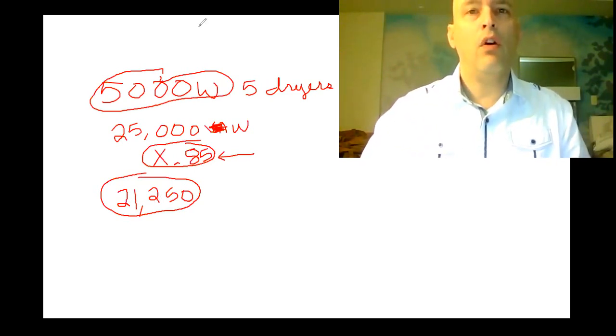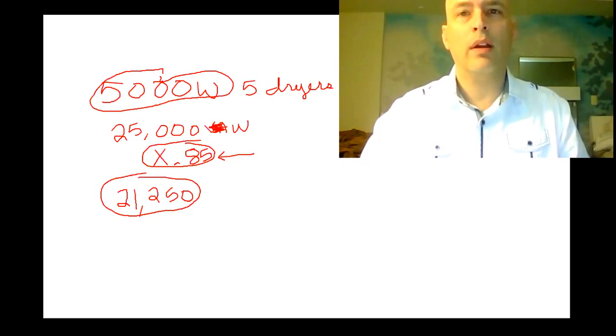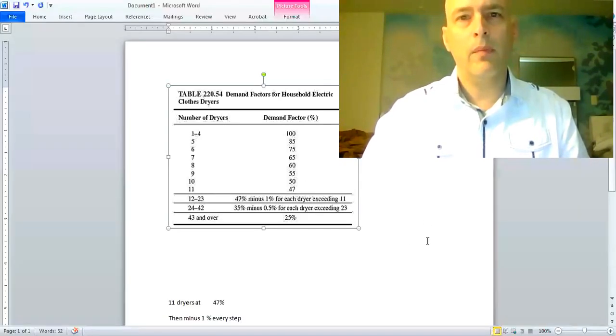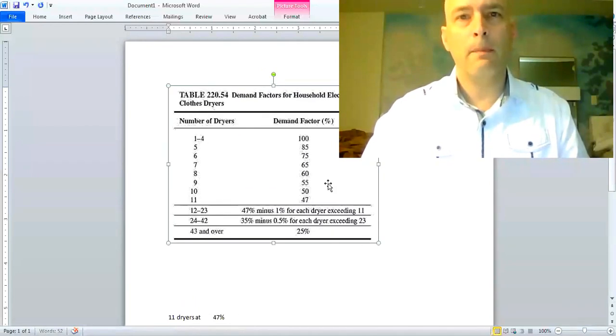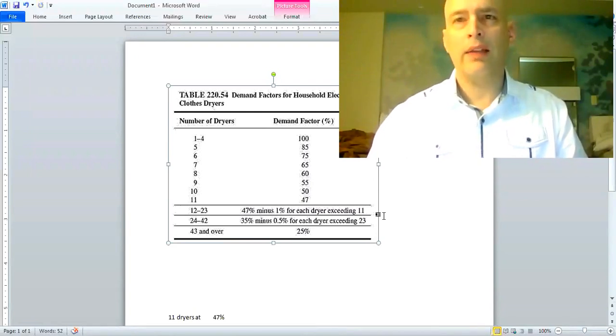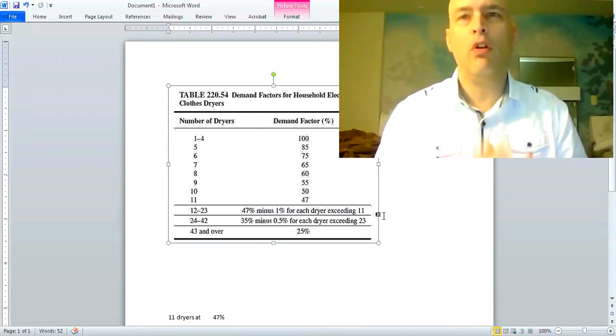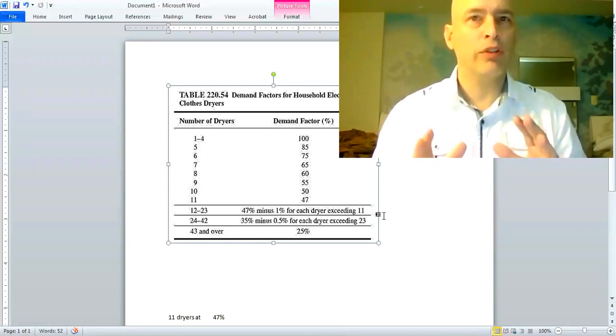All right, so let me go back to this table real quick, because there are a couple of things I want to point out to you real fast before we go any further. When we're looking at these figures here, a lot of electricians don't realize that tables in the code book come with an article that has the exact same numbering system on it.